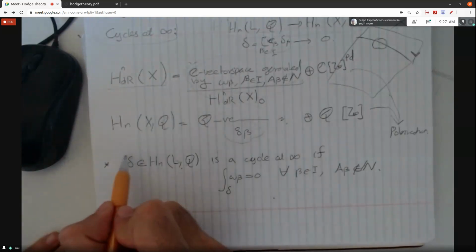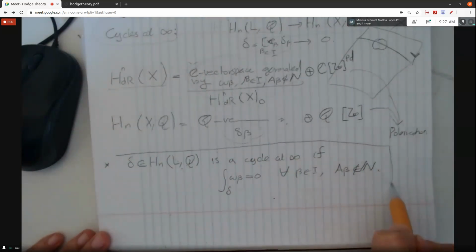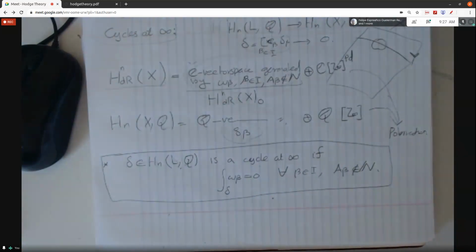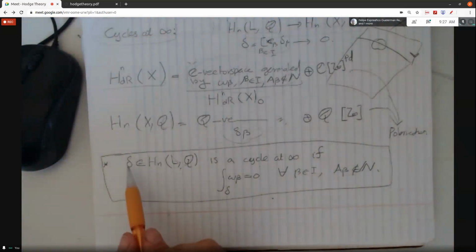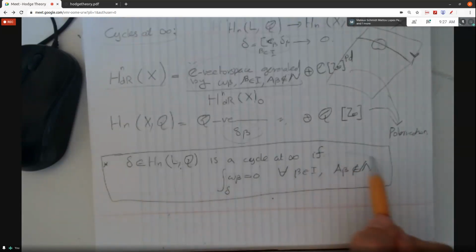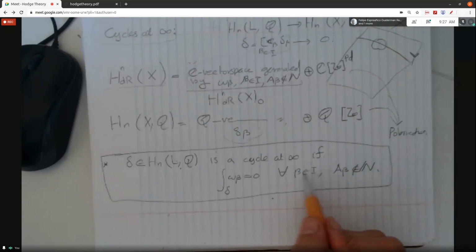Anyway, maybe I could try to explain more, but let's keep this one. So delta, when I am working in the affine variety, delta is Hodge if all these integrals are zero. And remember that the Hodge cycle was with this one with the additional constraint that a beta is less than n over 2.